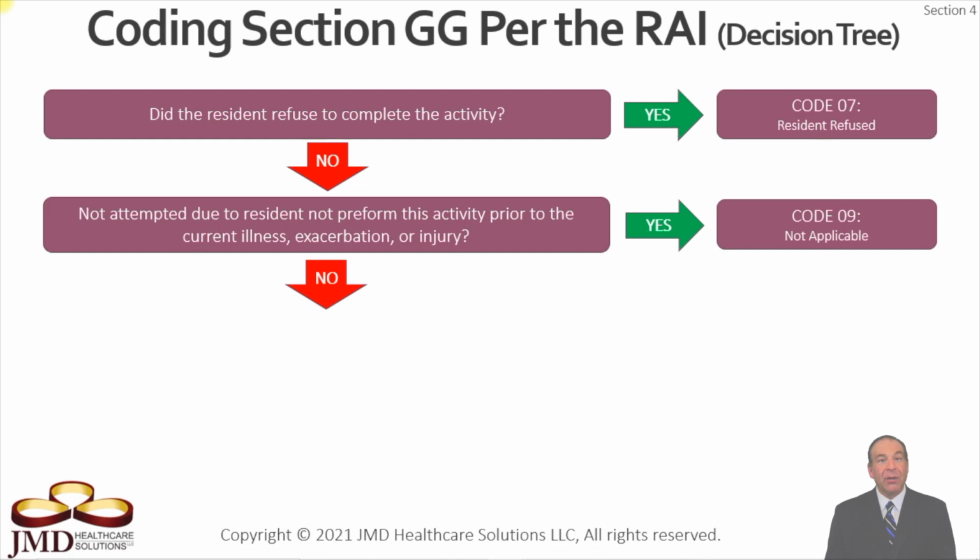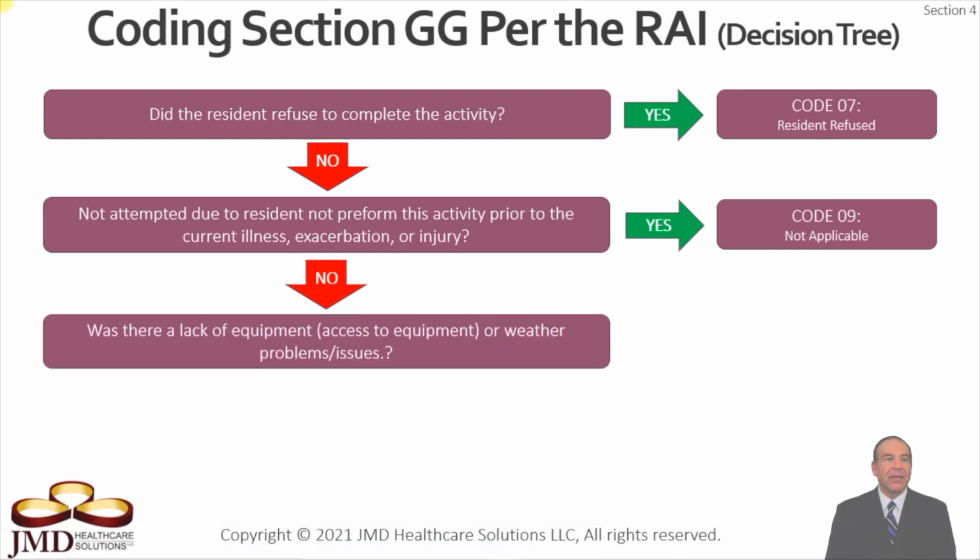All right? Now, if that's not the problem, no, they used to do it. That wasn't what happened. Was there a lack of equipment, access to equipment, or weather problems or issues? Now, that's saying, was there a situation where you couldn't get to the equipment you needed? You wanted to do car transfer, you want to do stairs or something. I know you don't pay, it's not under PDPM, but there's still some things in there they could be doing.